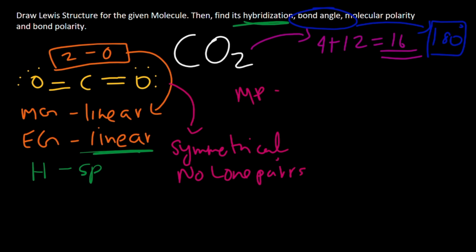And let's check the dipole moment. Since carbon is more positive, it's going to be positive, and this is going to be negative. So the dipole moment is going from positive to negative, like this, and like this.